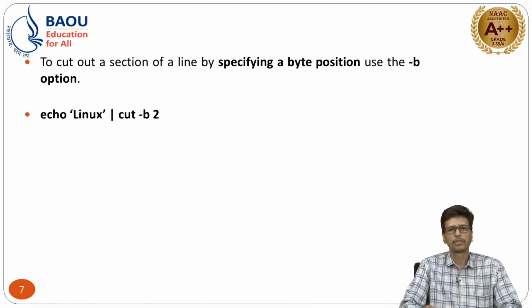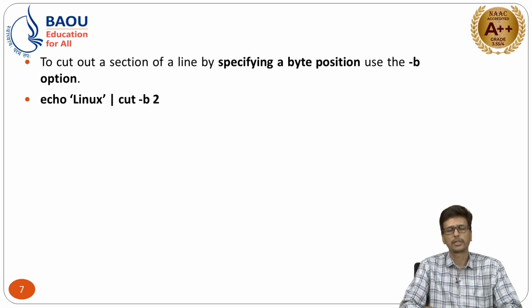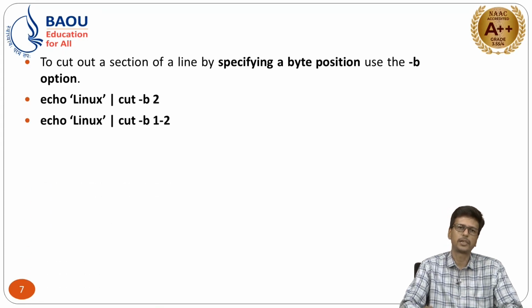Now suppose you are requiring to find some specific byte positions. Here you can see on the screen the example is given. Say for example echo, which you are already aware is used to print some message. Here the message you want to print is Linux. Now I don't want to print the whole Linux string, I would like to print only a few bytes from that string.